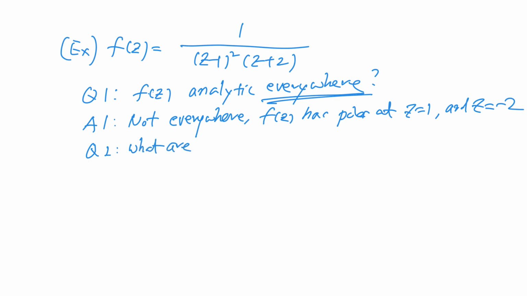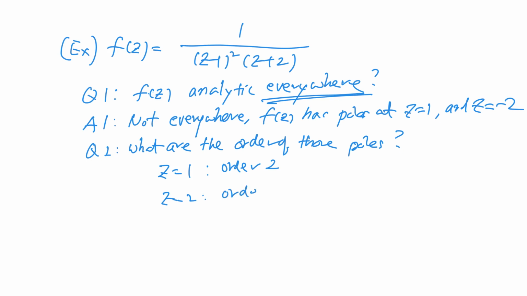What are the orders of those poles? z equal 1 has order 2, correct. z equal -2, order 1. Great.